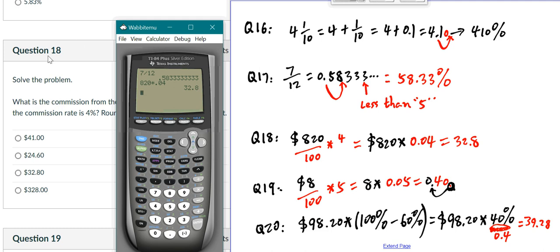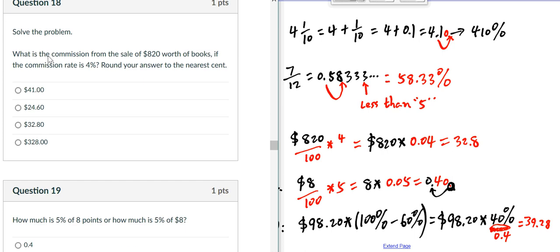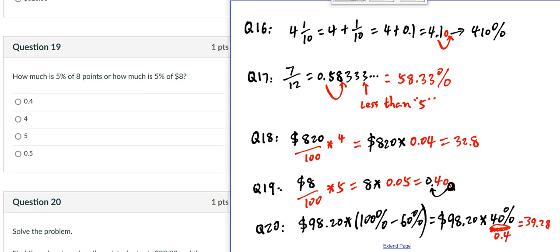Okay, now let's look at question 19. Question 19 is, how much is 5% of 8 points? Or how much is 5% of $8? If we just simply ask 5% of 8 points, we may not be able to calculate it.